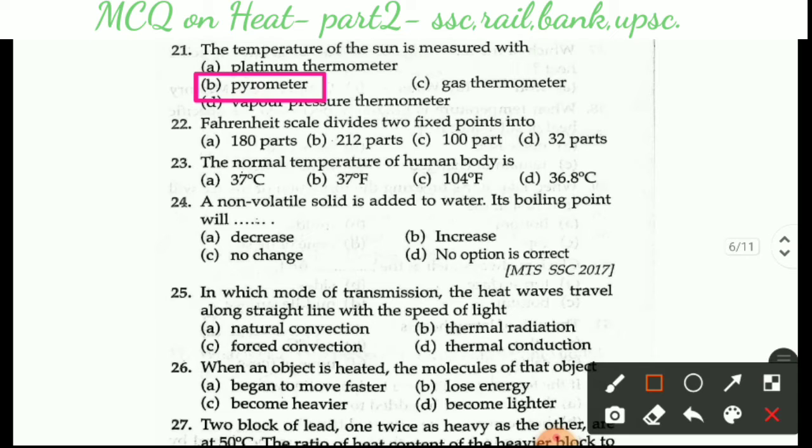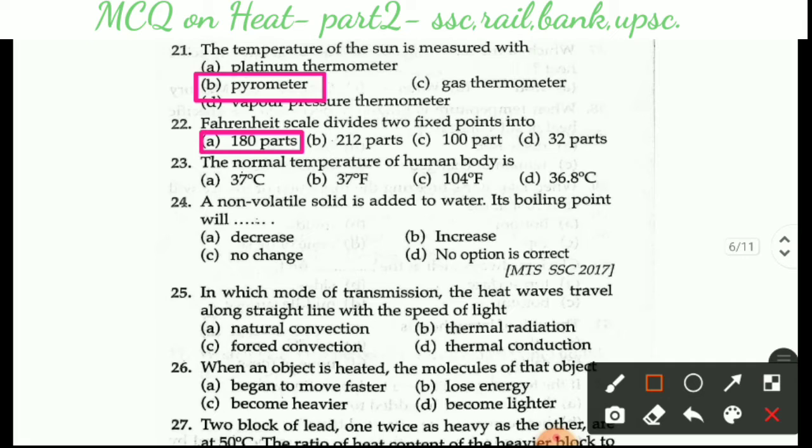Fahrenheit scale divides two fixed points into option A 180 parts, B 212 parts, option C 100 parts, D 32 parts. Right answer of question number 22 is A, 180 parts.